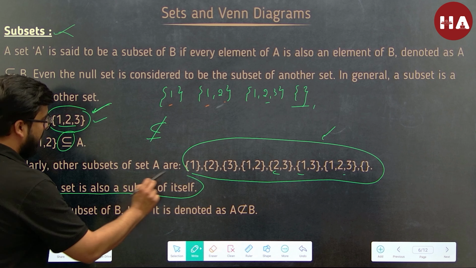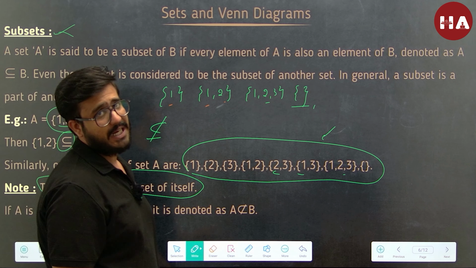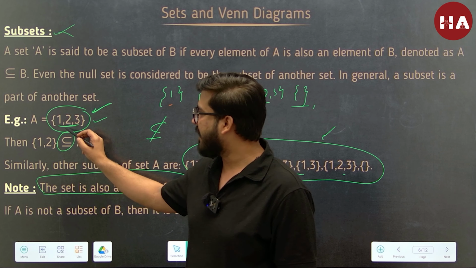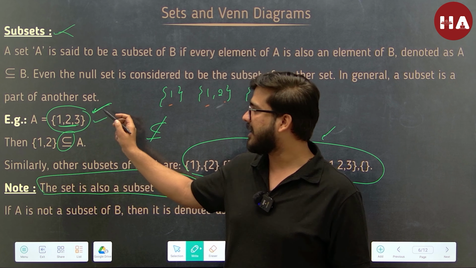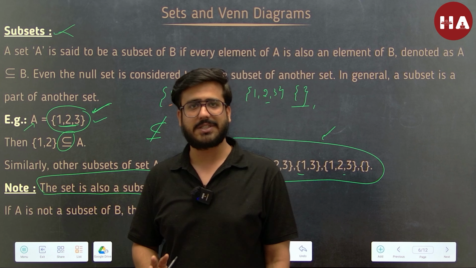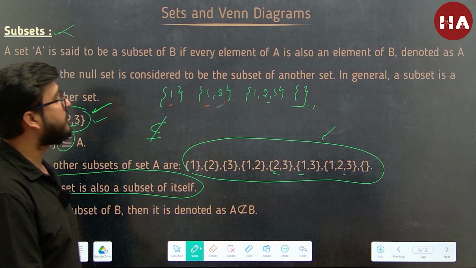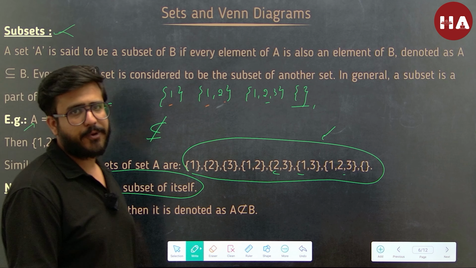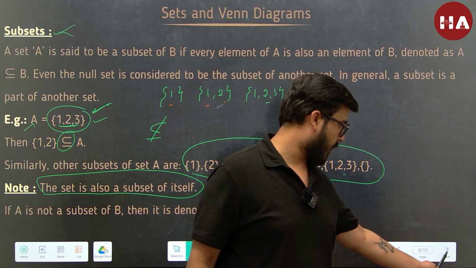Okay, so you can note this down that a set is a subset of itself. So I can write here, if there are elements 1, 2, and 3, A will be a subset of A. Okay, hope this is clear. You can note this down, students. I hope you are following and you are with me on this topic.